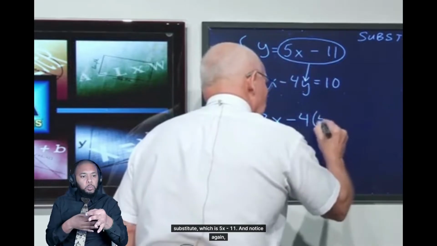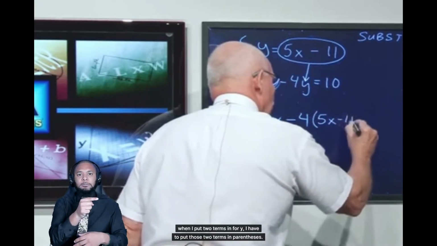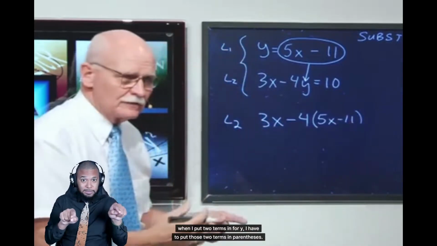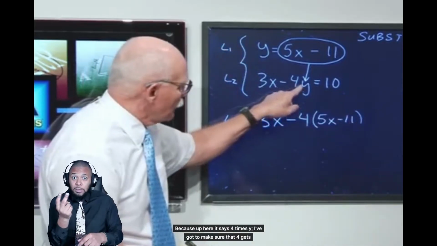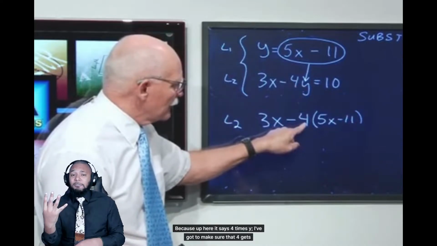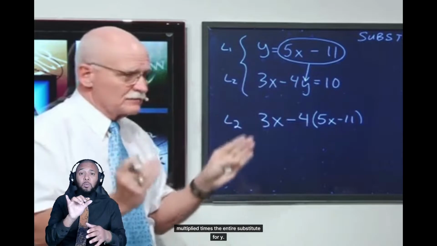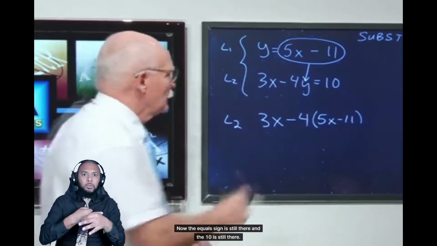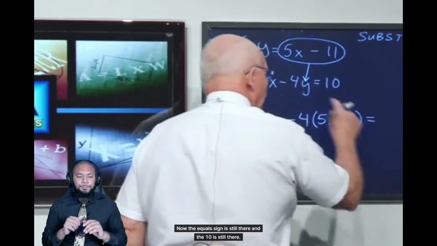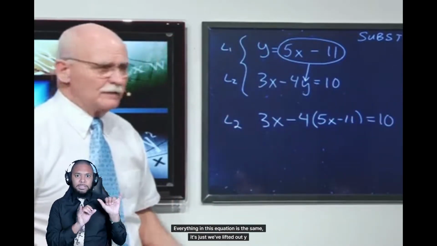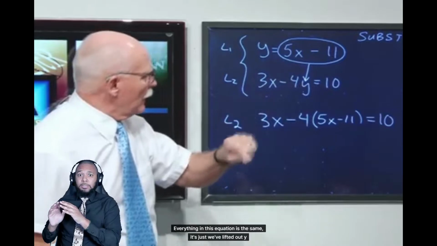And notice again, when I put two terms in for y, I have to put those two terms in parentheses, because up here it says 4 times y. I've got to make sure that 4 gets multiplied times the entire substitute for y. Now the equal sign is still there, and the 10 is still there. Everything in this equation is the same. It's just we've lifted out y and put in y's substitute.